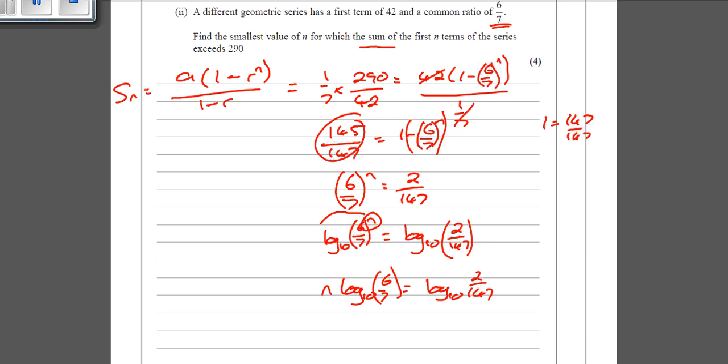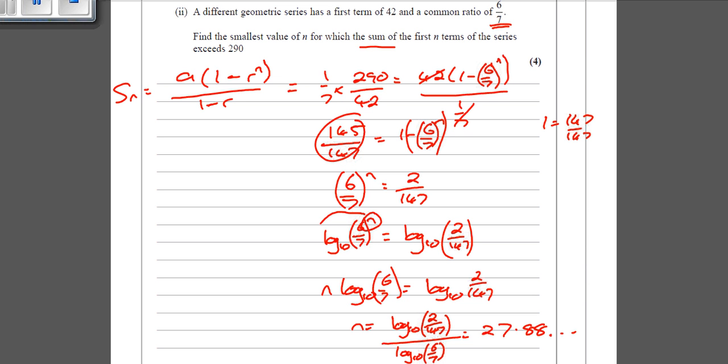And the thing we're left with, we divide. So it's going to be log to the base 10 of 2 over 147 divided by log to the base 10 of 6/7, which is 27.88 if we round it.